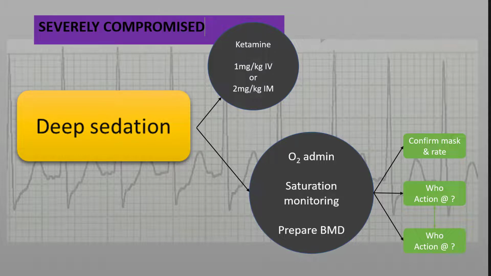Obviously someone has to be responsible for either confirming the pads are on and connected or to apply them. Someone needs to be responsible for the defibrillator setup and also for its operation. Someone needs to be monitoring things such as oxygen saturation, and someone has to be tasked with carrying on with some airway and breathing management should this be required.